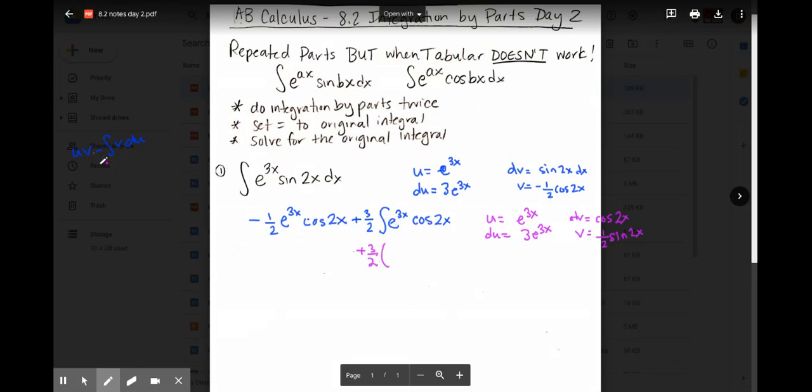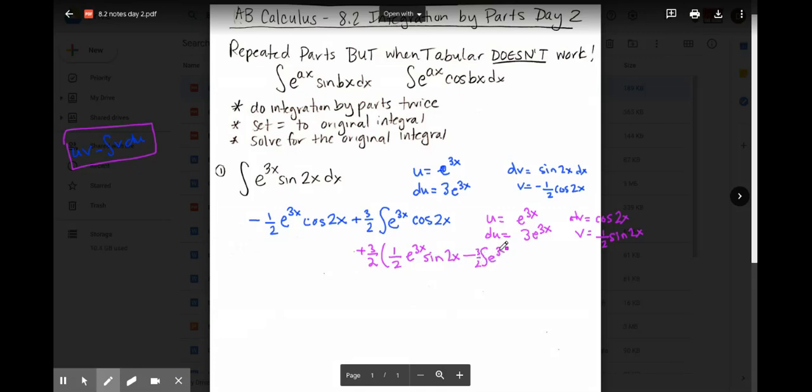So for this right here, we're doing this formula, uv minus the integral of v du. So u times v, I'm pulling the 1/2 out, so u times v, minus the integral of v times du. So pull that constant out. There's a 3 and a 1/2, so that would be 3/2 that's being pulled out.